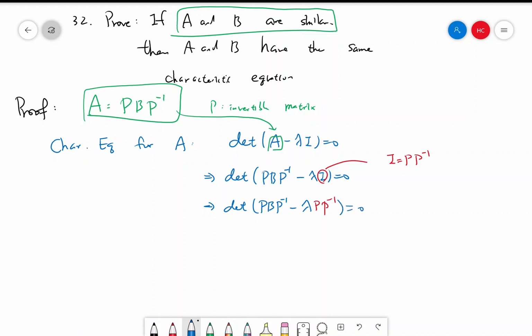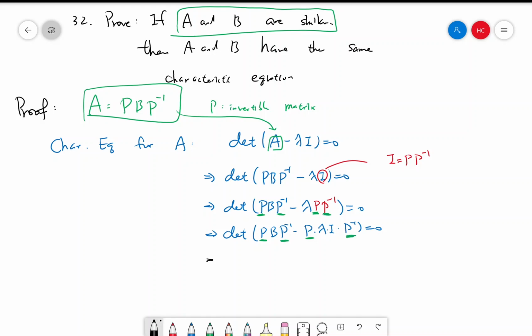Okay. So notice lambda is constant, and then these two terms have common factors. So they both begin with P, they both end with P inverse. Let me rewrite it. So this is determinant of P B P inverse minus P times lambda times I times P inverse equal to 0. So we can factor the P out from the front, we can factor the P inverse out from the back.